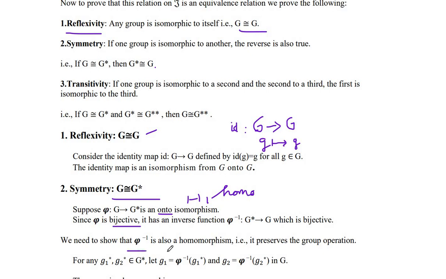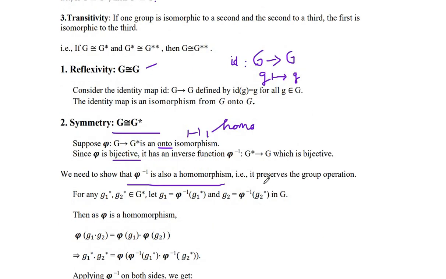And now we'll show that phi inverse is also a homomorphism. That is, it preserves the group operation. So we will consider two elements in the domain G star, namely small g1 star and small g2 star. Now we will consider phi inverse of g1 star to be g1, since it should have an image over here.